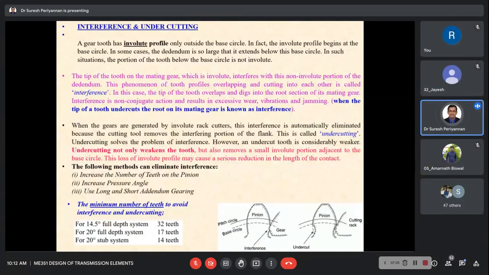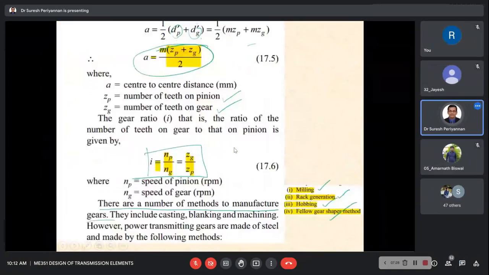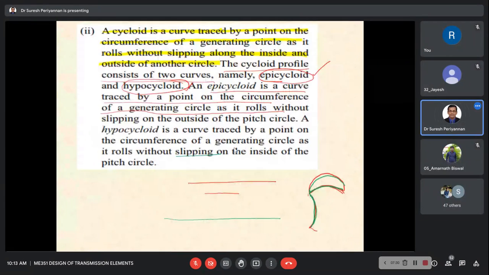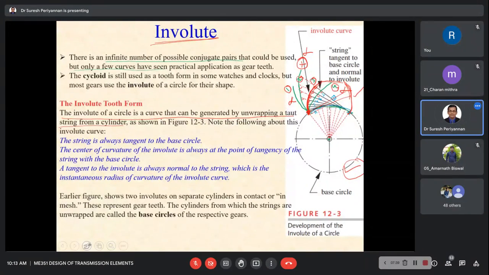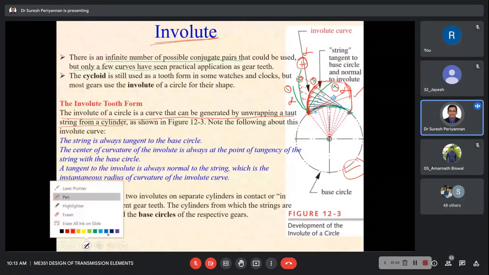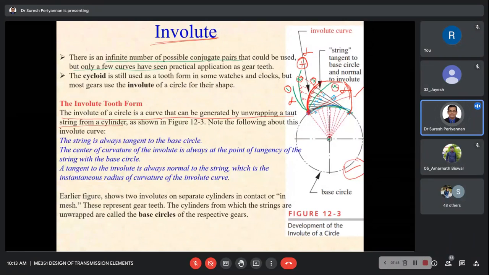Now I go back. Whatever we discussed early, see here, this is outside of the base circle. The gear involute should be designed from the outside of the base circle. Keep this information in mind, very important.